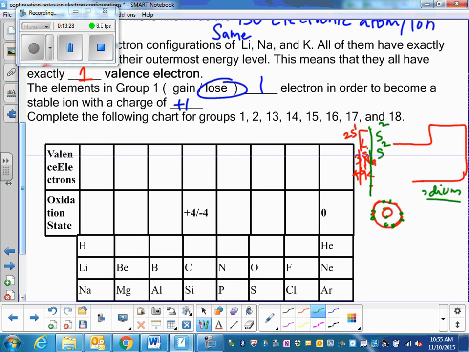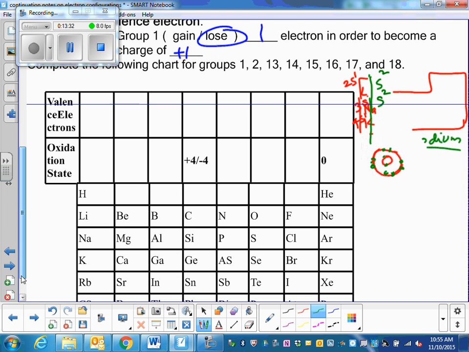They will lose 2 electrons. So what is the charge that group 2 elements will have? Plus 2. So let's write down. Group 1 has 1 valence electron. What is the charge? Plus 1. Group 2 will have how many valence electrons? 2. And what is their charge if they drop the 2? Plus 2.